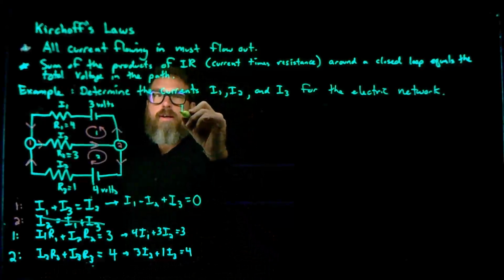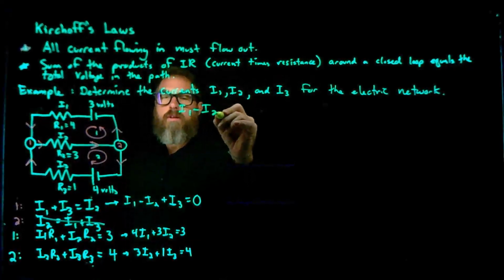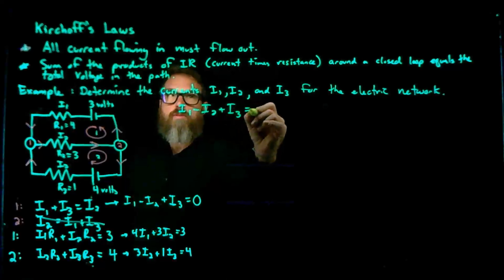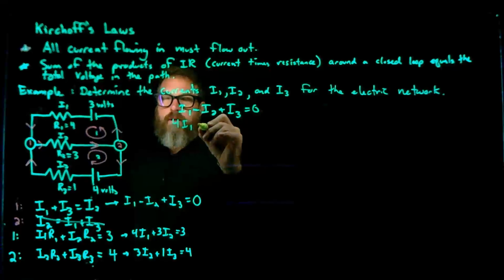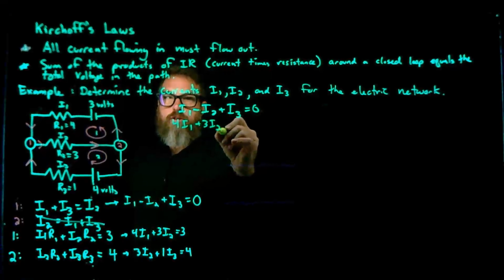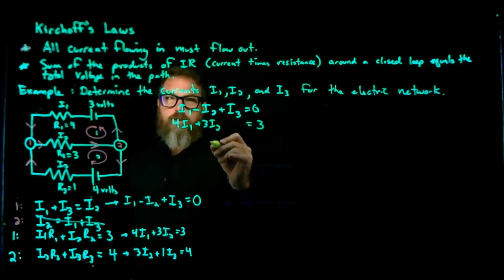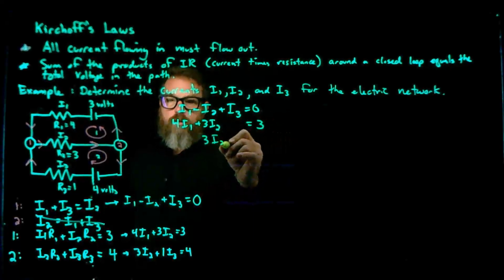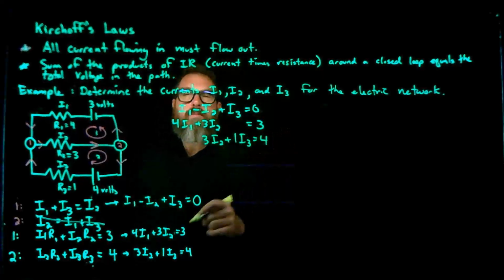So I have I1 minus I2 plus I3 is equal to 0. This one says 4I1 plus 3I2 plus 0I3 is equal to 3. And then the last equation is just 3I2 plus 1I3 is equal to 4.